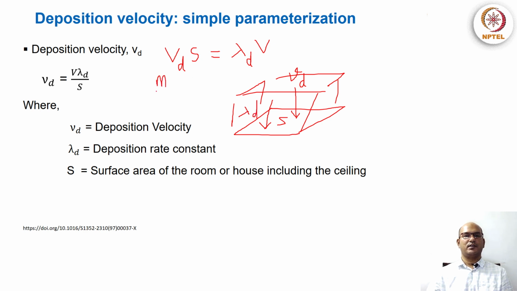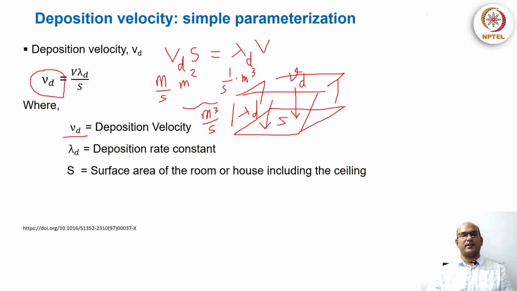Meter per second times meter square is meter cube per second. This is 1 per second multiplied by meter cube, so both sides are meter cube per second. So we can easily match dimensionally and confirm this derivation. This is the deposition flux, and this will help us derive a deposition velocity Vd.